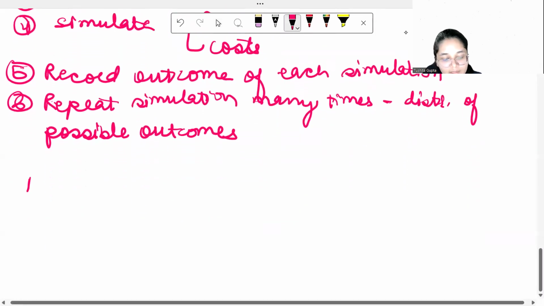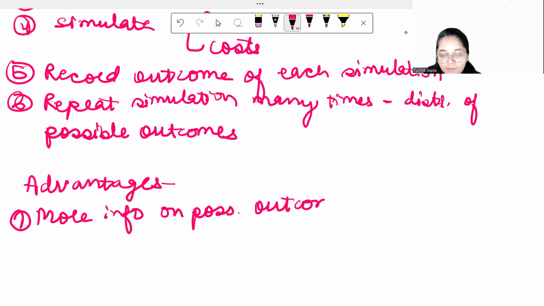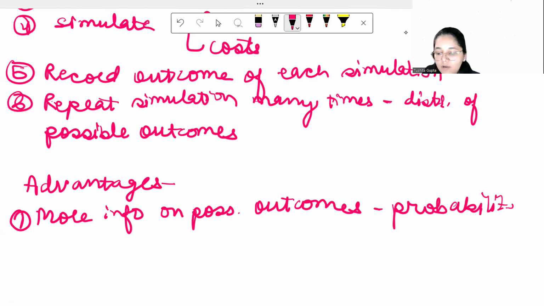Then let's talk about the advantages. What will be the advantages over here? Number one, that you get more information about possible outcomes and also their probabilities, because through simulation you are also noting down what the outcomes are and you're also noting down the probabilities of them happening.